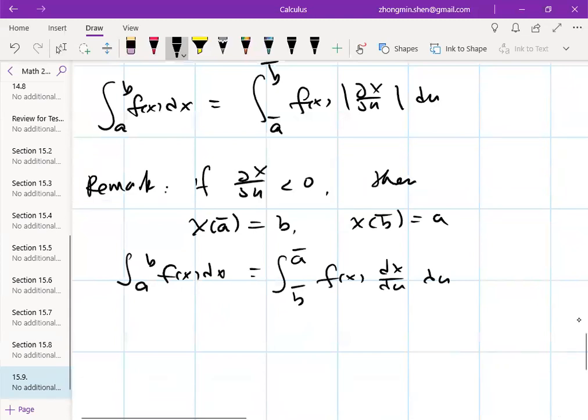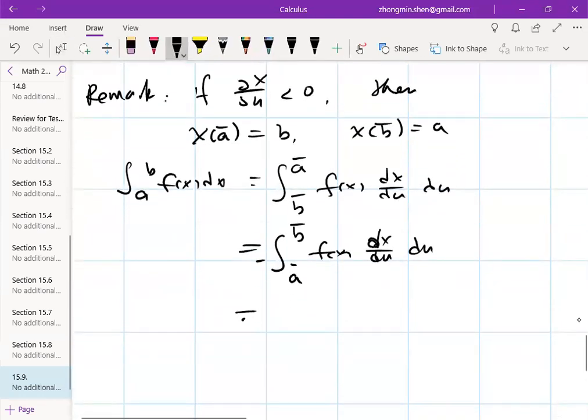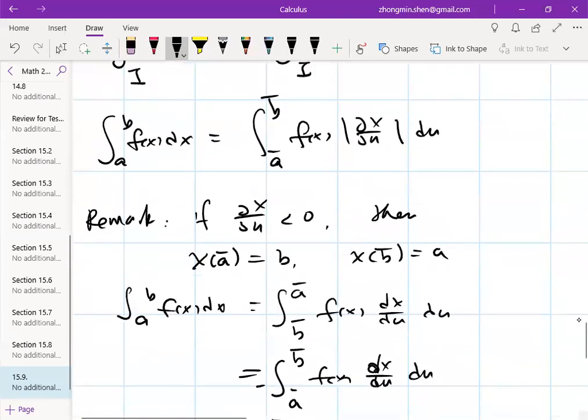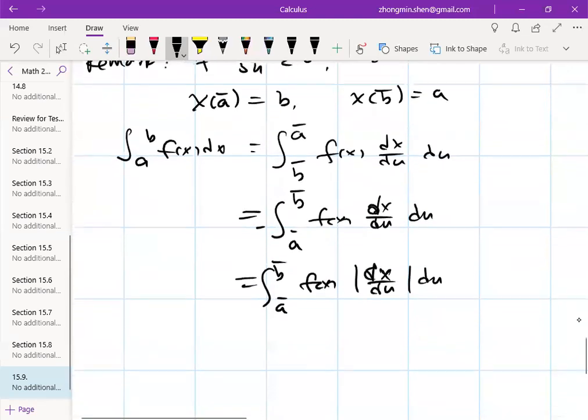But if you want to change the order of the interval from A bar to B bar, then you have to put a negative sign in front of the derivative. Then the negative of that derivative becomes the absolute value. So you can put this in the uniform form. It doesn't matter whether the derivative is positive or negative.